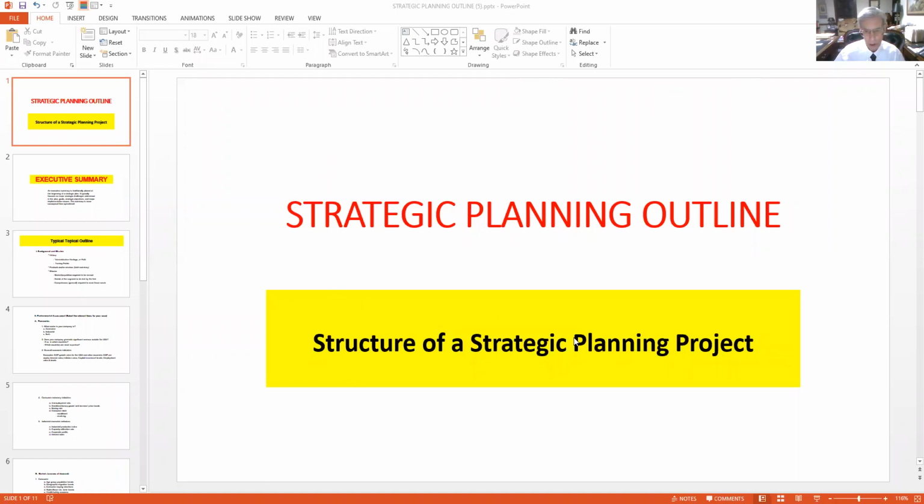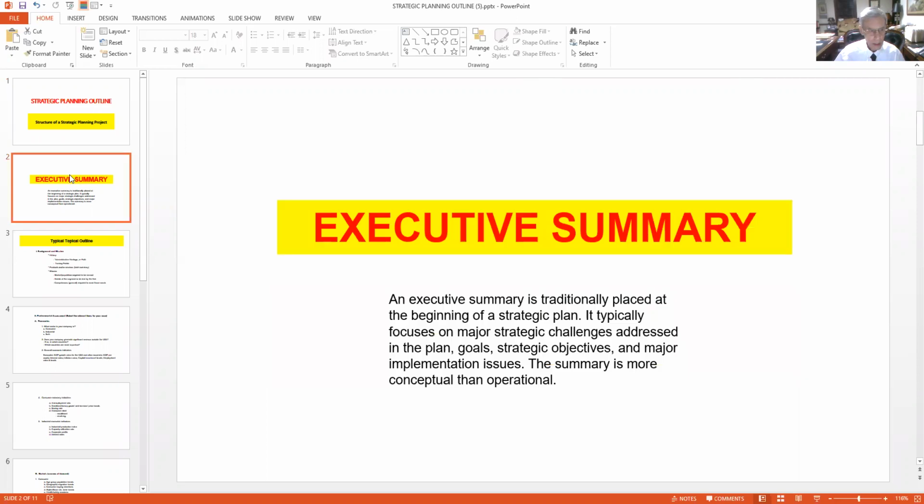Here we go. Structure of a strategic planning project. Your strategic planning project. Incidentally, I begin with a little reminder, and that is that if you are preparing a strategic plan in business, in a regular business, you almost always, when all your work is done, need to prepare an executive summary.